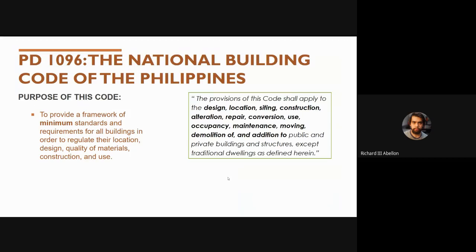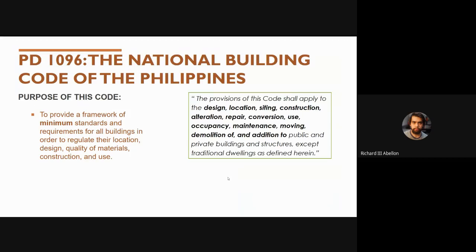The provisions of this code shall apply to the design, location, siting, construction, alteration, repair, conversion, use, occupancy, maintenance, moving, demolition of, and addition to public and private buildings and structures except traditional dwellings as defined herein.